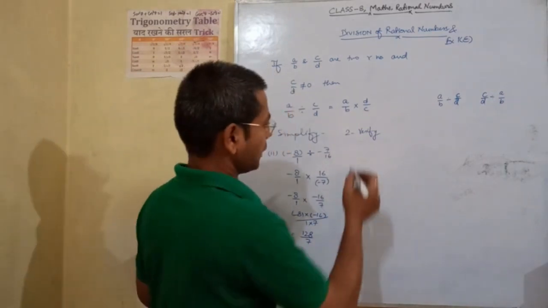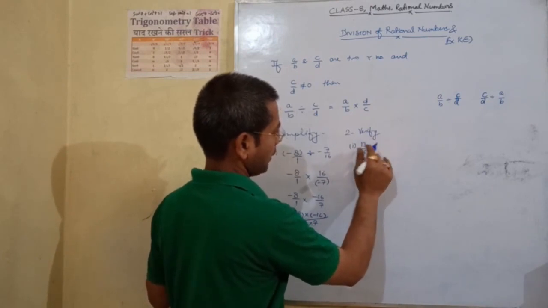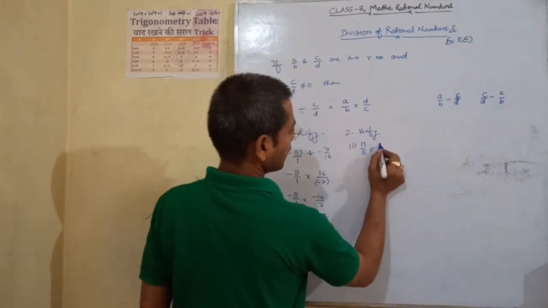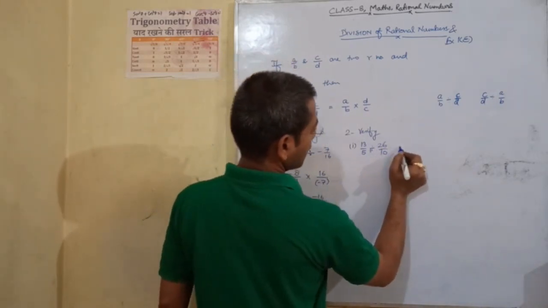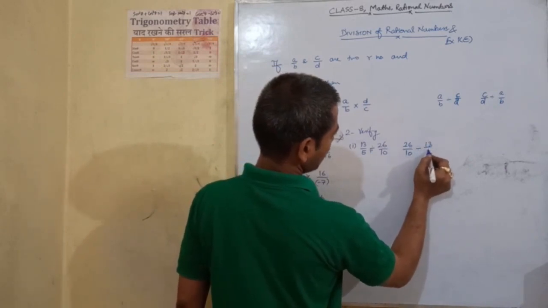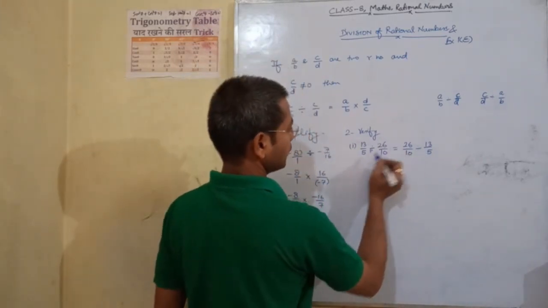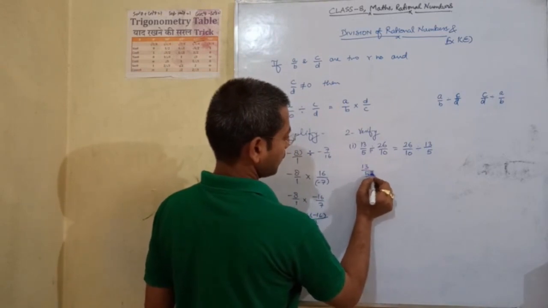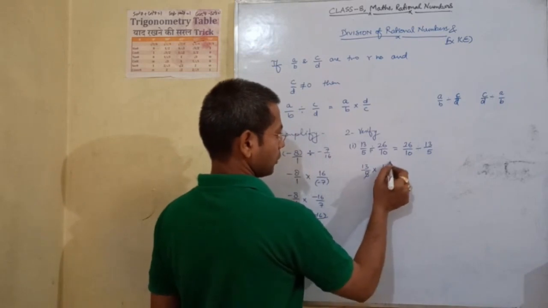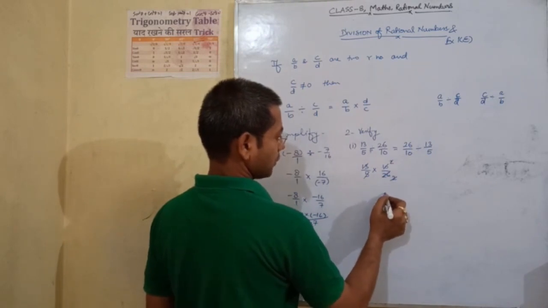The first part is 13 upon 5 divided by 26 upon 10, and 26 upon 10 divided by 13 upon 5. We have to verify. 13 upon 5 multiplied by 10 upon 26, taking the reciprocal. 5 into 10 is 2 and 13 into 26 is 2, they cancel, so it is 1.